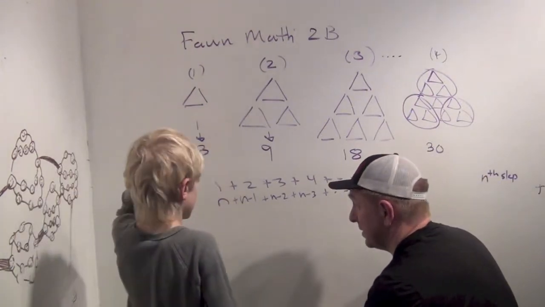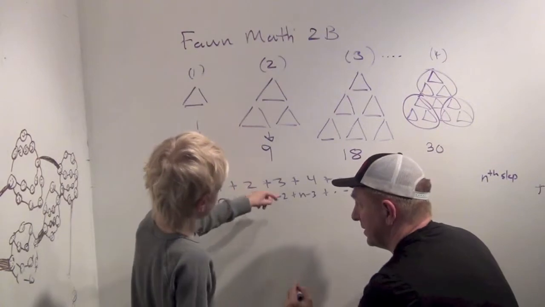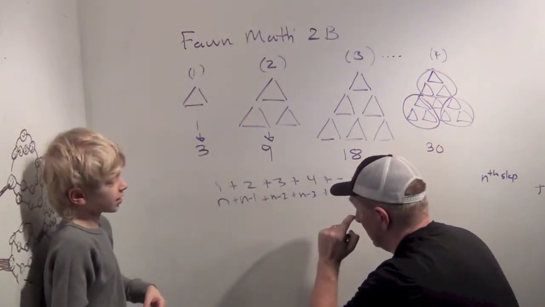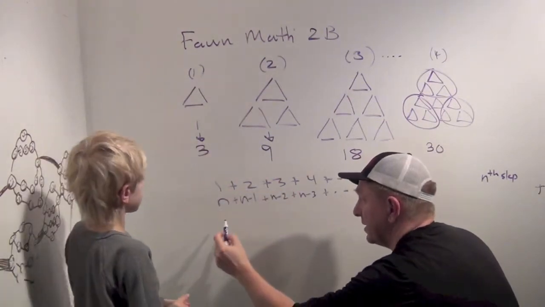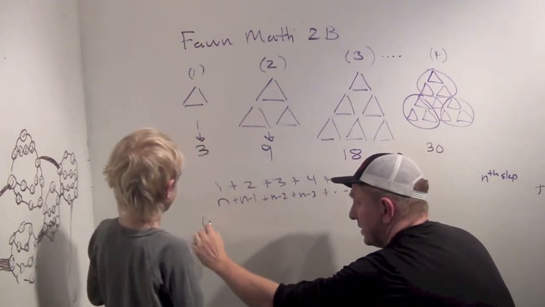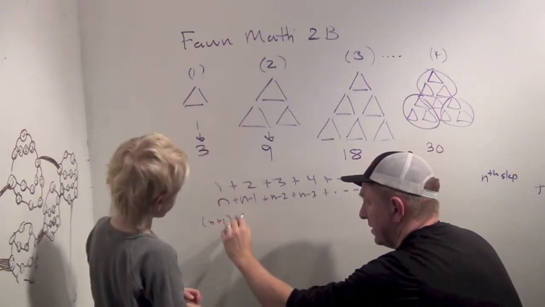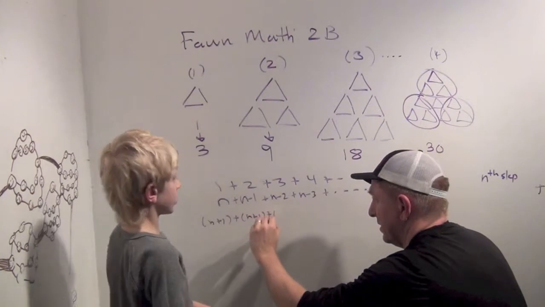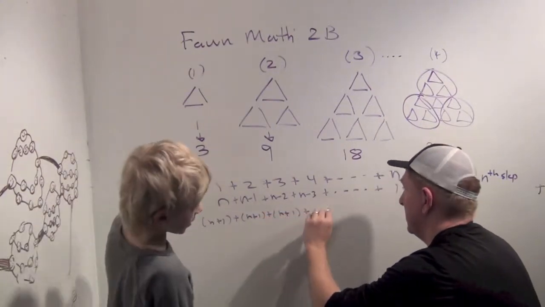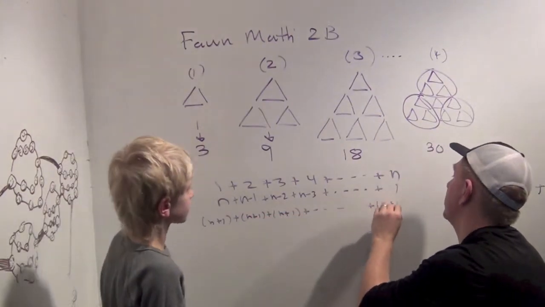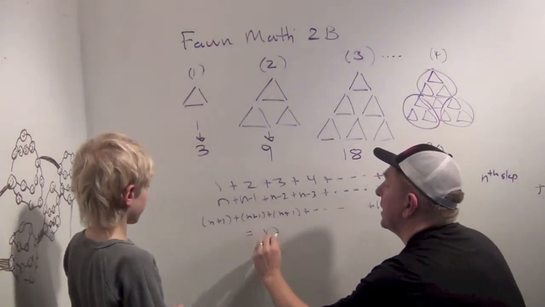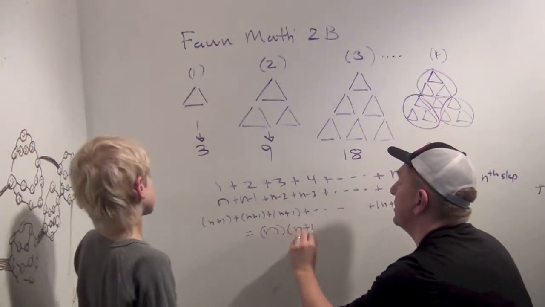And then you add these together, and then you divide by 2. Okay, what do I get when I add? n plus 1, n plus 1, n plus 1. You're going to get a bunch of n plus 1s. How many n plus 1s do I get? N times n plus 1.